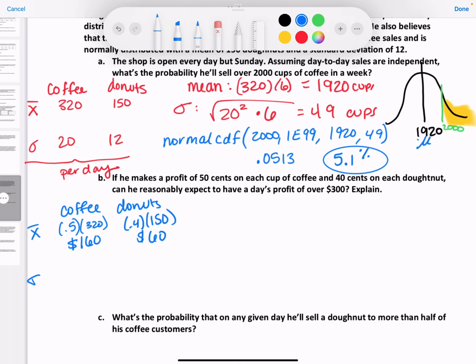We've got to find the variance first, or no? Since this one is strictly multiplication, we don't have to. So it's 0.5 times 20, so that's going to be $10. And then for donuts, 0.4 times 12, which is $4.80.